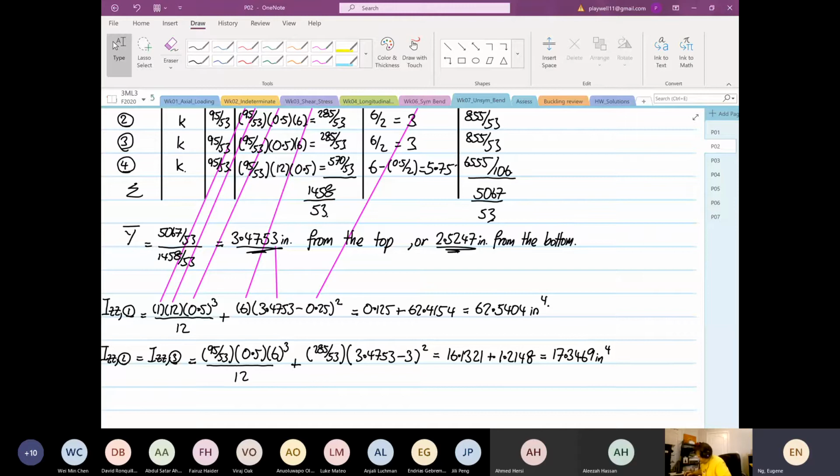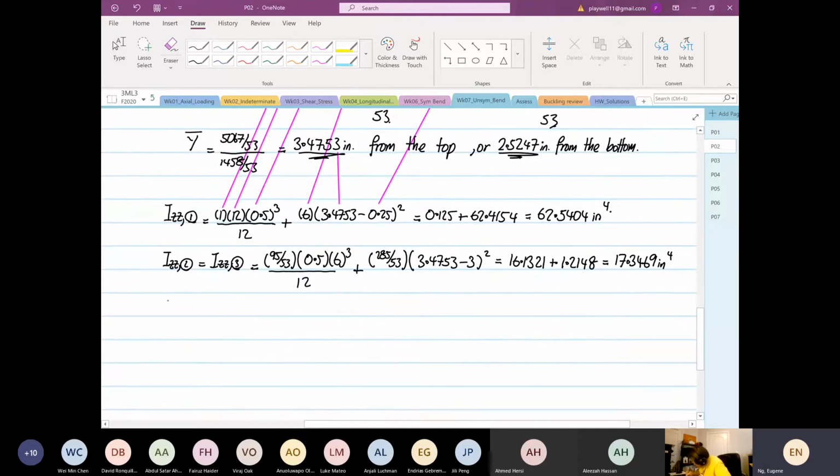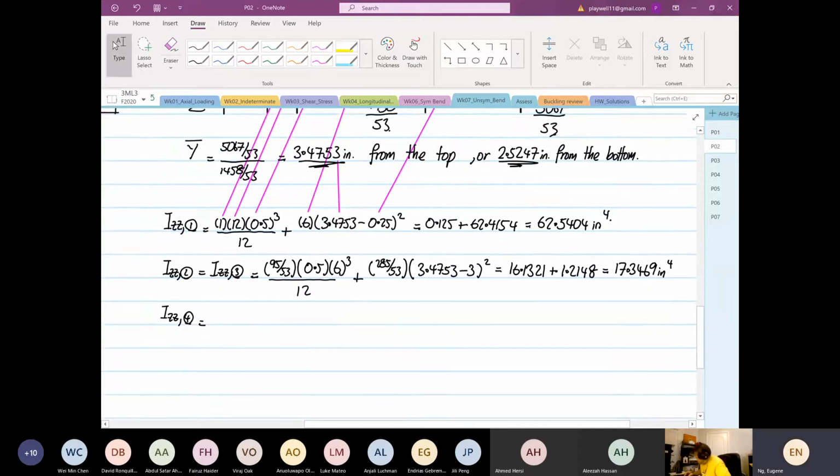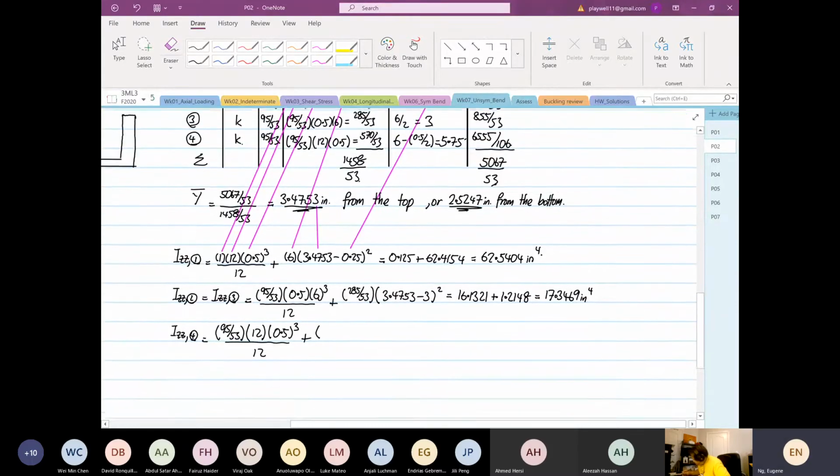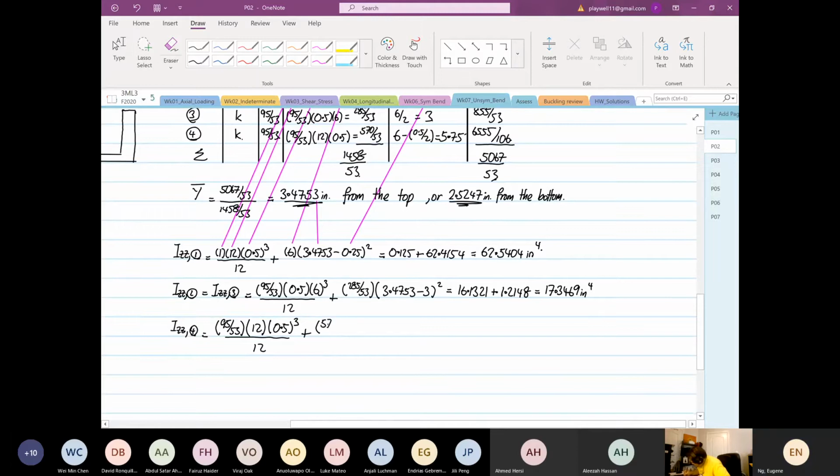17.3469. Okay, and then finally, IZZ 4. So again, 95 over 53 multiplied by the width multiplied by the depth divided by 12, plus 570 over 53 multiplied by 3.4753 minus 5.75.